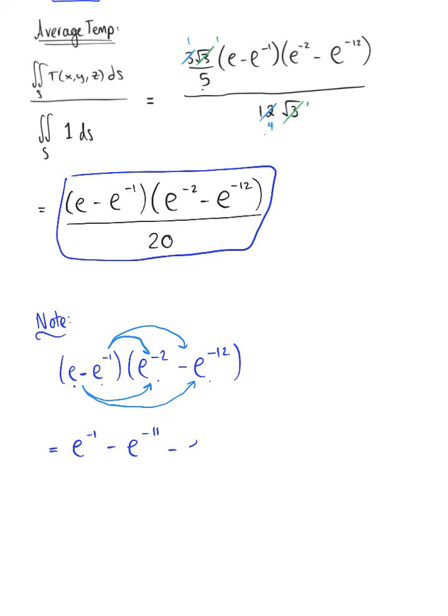So that's minus the natural exponential to the negative 1 minus 1, which is minus 3. And last but not least, we have minus the natural exponential raised to the negative 1 minus the natural exponential raised to the negative 12. So negative times a negative gives us plus that natural exponential raised to the negative 1 minus 12, which is minus 13. So that's equivalent to our numerator. So this would be a great way to check to make sure, does your answer match my answer?